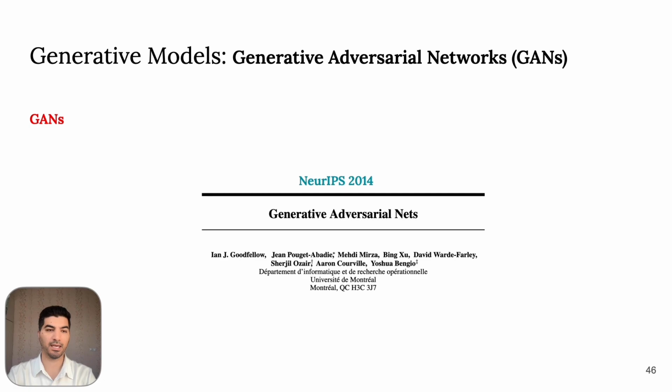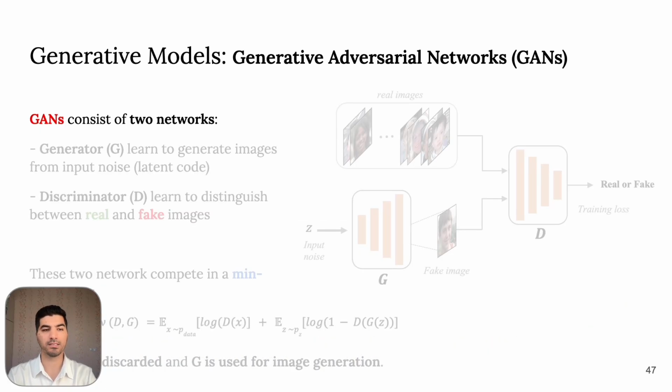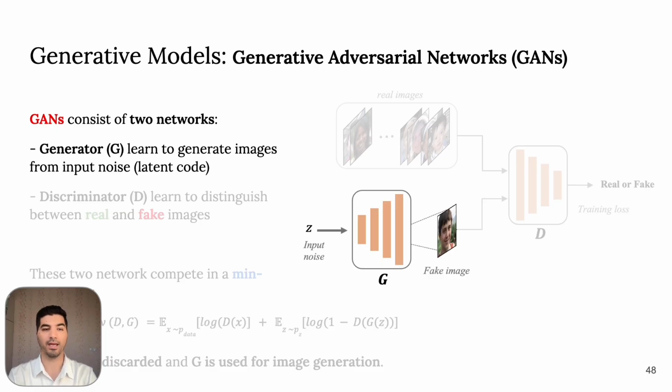Next, we discuss GANs, which, as mentioned before, were introduced in this NeurIPS 2014 paper by Ian Goodfellow. A GAN consists of two networks. We have a generator that learns to generate images using input noise or latent code. So we pass this input noise or latent code to the generator, and it transforms it to an image.